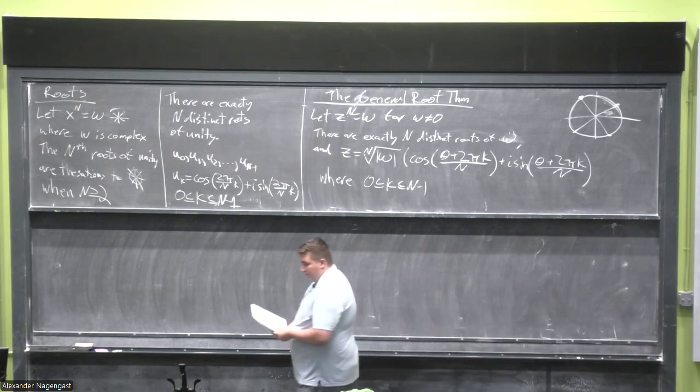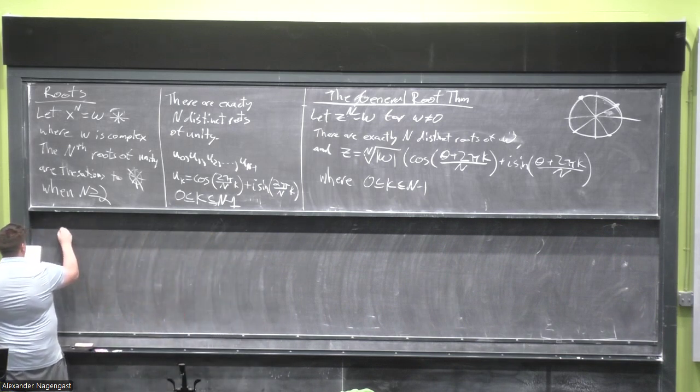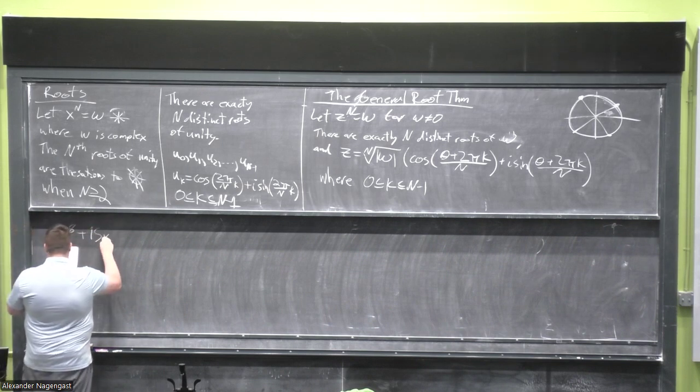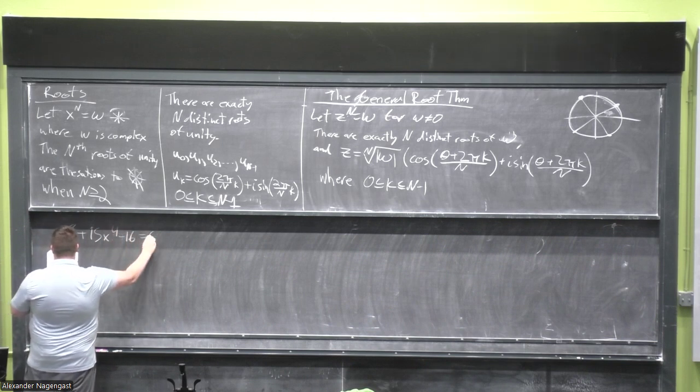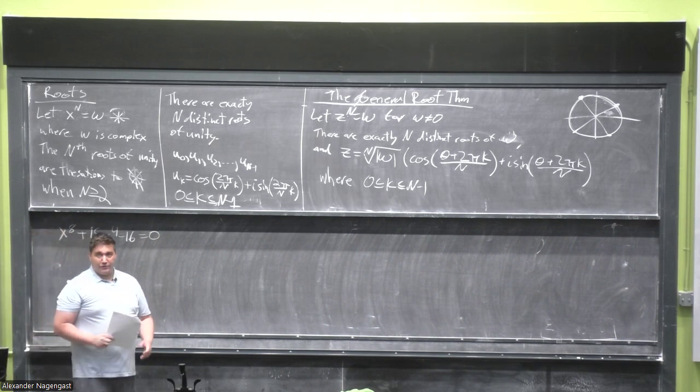So let's have x to the 8th plus 15 x to the 4th minus 16 equals 0. And we want to solve all solutions.